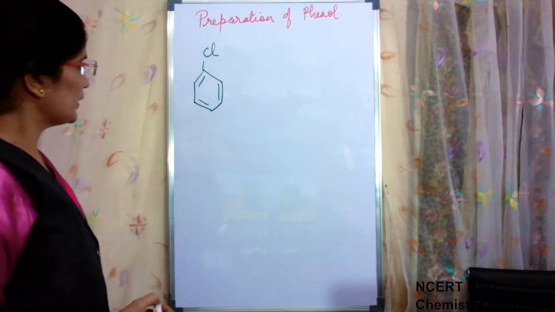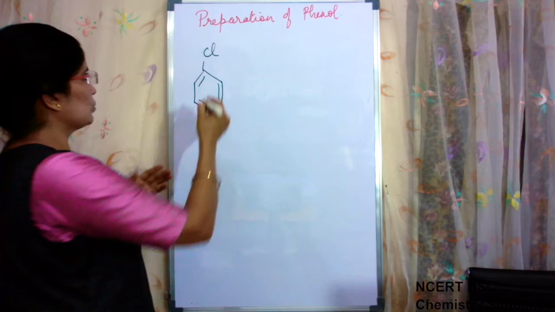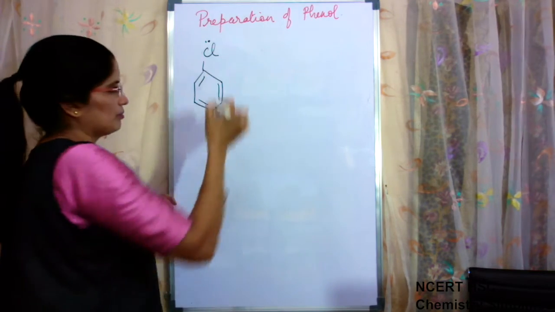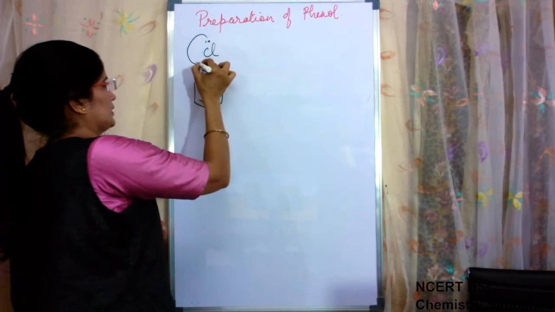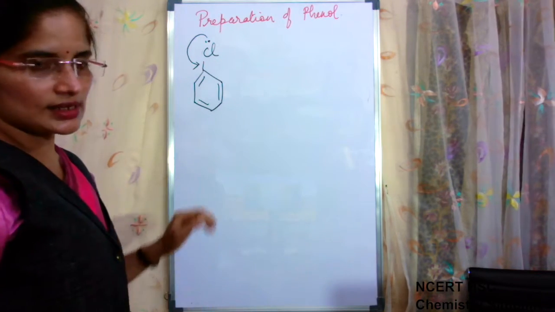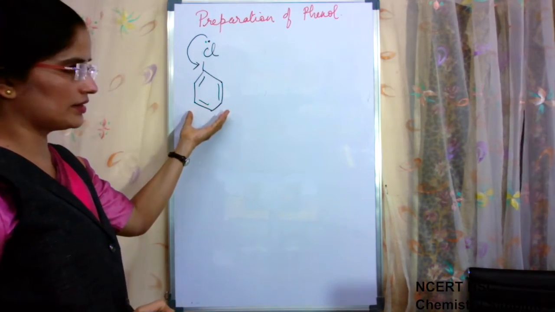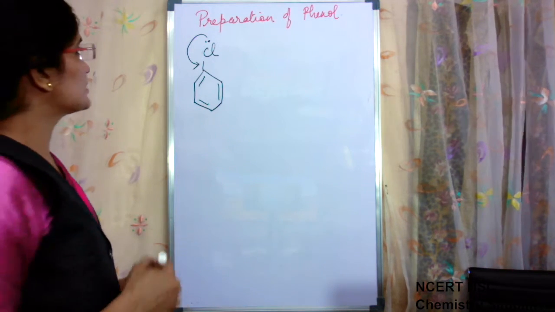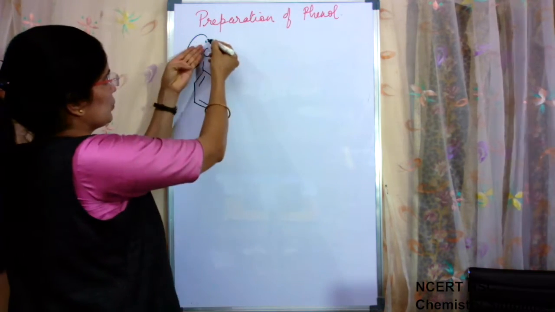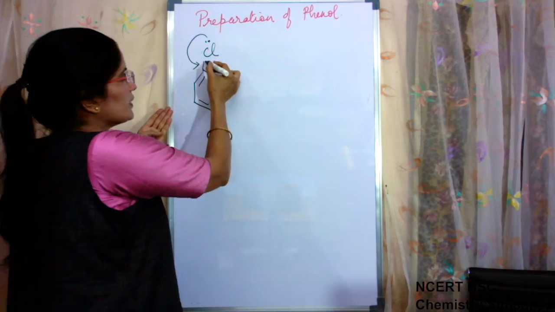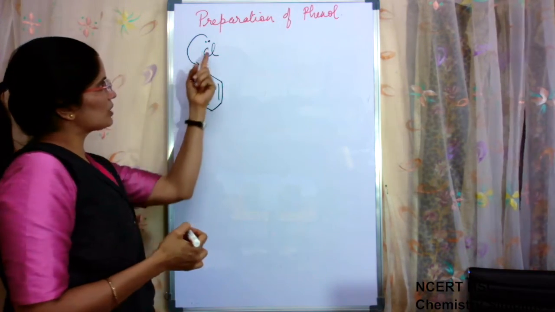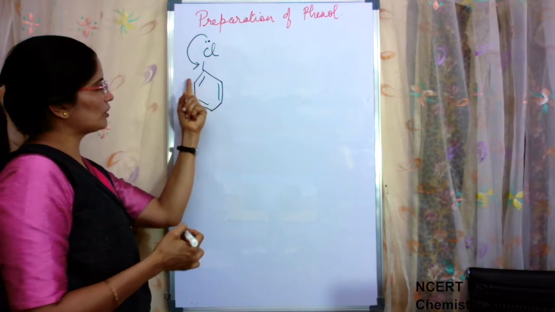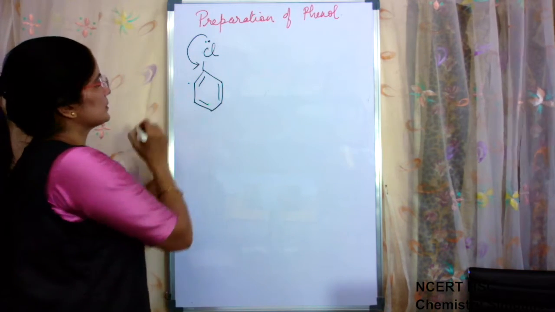If you see an aryl halide, we know that chlorine, because of having lone pairs, stabilizes the benzene ring with the help of its resonating structures. The lone pair shifts here, giving this bond a partial double bond character. Because this is shifting here, this bond will shift to this point.